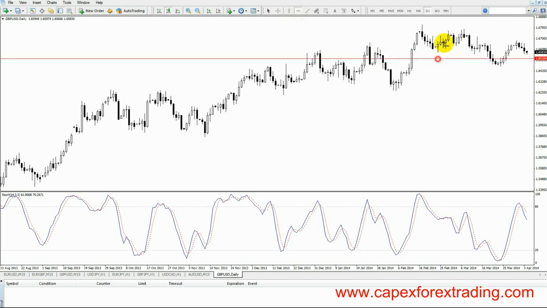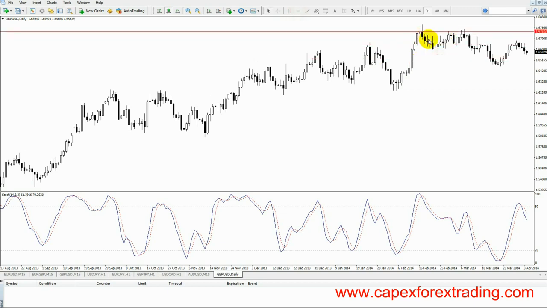And as you can see here, we've got two highs that are pretty much halted at the same level. But the stochastics indicator is trending downwards. So despite the fact that we've got highs that are at the same level at the top here, the stochastics indicator is showing us that the strength of those highs is decreasing.